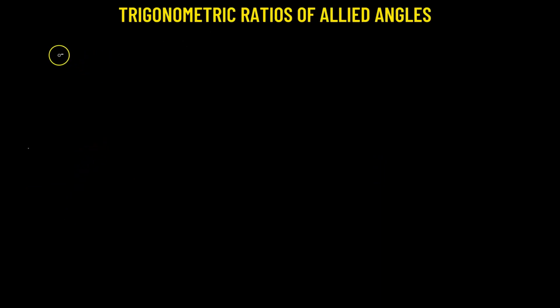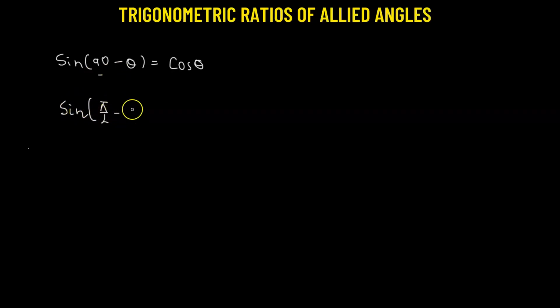So we started out with sine 90 degrees minus theta, and we obtained that this value is cosine theta. The trick that we're going to use is to write in terms of radians. So sine 90 minus theta can also be expressed as sine pi over 2 minus theta. Now theta is measured in radians; in this case, theta was measured in degrees.